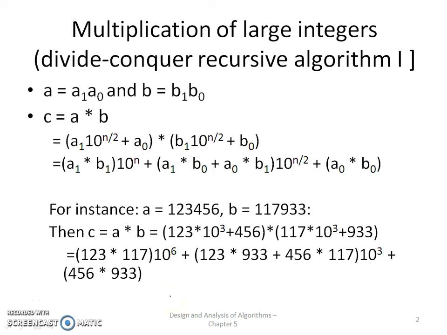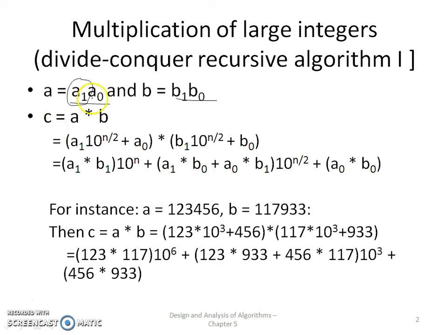Let us discuss multiplication of two large integers using the first divide and conquer recursive algorithm. Let's assume there are two numbers, a represented as a1 a0 and b as b1 b0, where a1 and b1 represent the first n by 2 digits of the number, and the second parts, a0 and b0, represent the second n by 2 digits of a and b, where both a and b are n digit numbers.